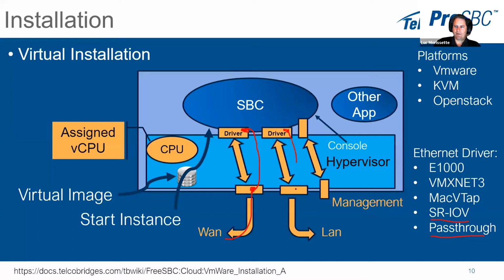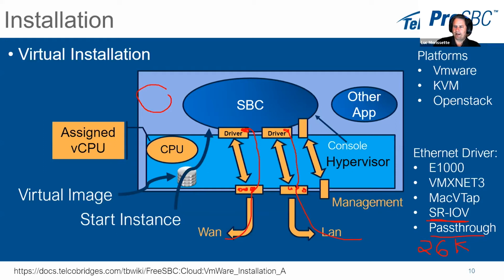Same thing here, you can have a pass-through interface like this. With a pass-through interface on VMware, we tested, I think, up to 26,000 sessions. So that's the only way to reach higher capacity. SR-IOV is almost the same as pass-through, except that these network interfaces can be shared amongst multiple applications.